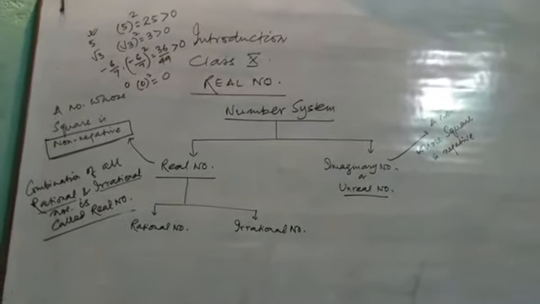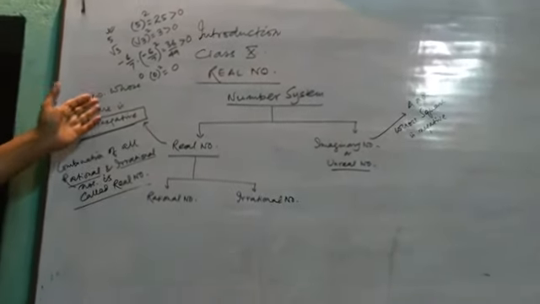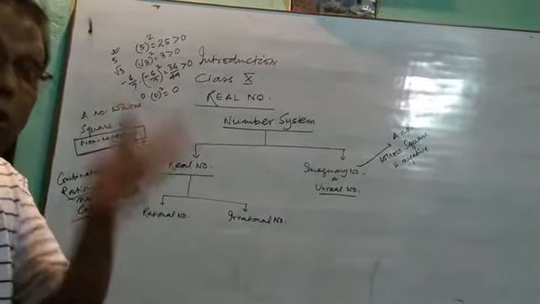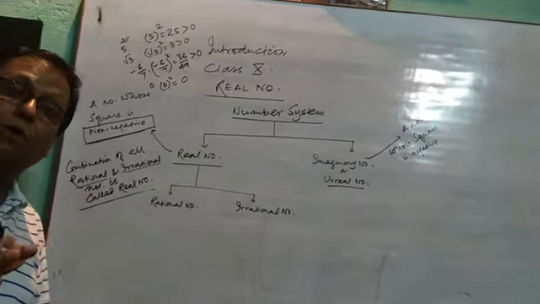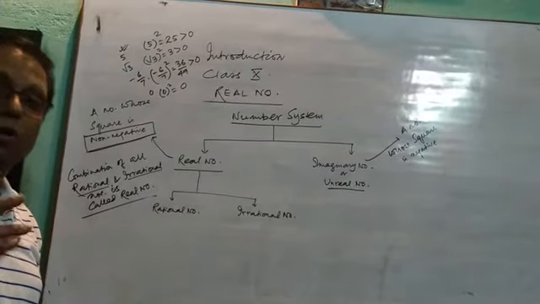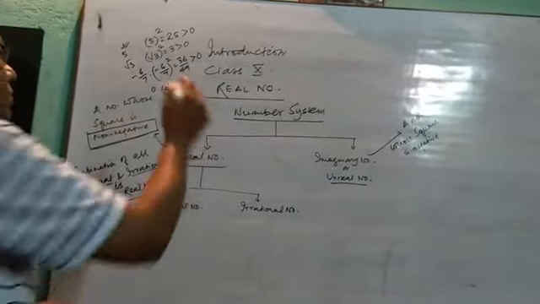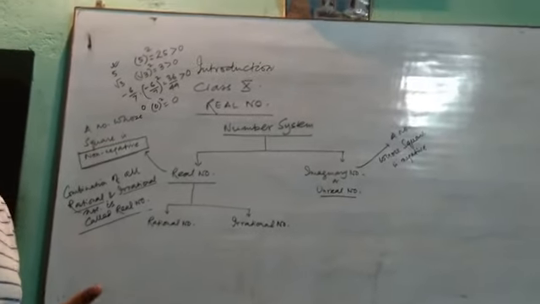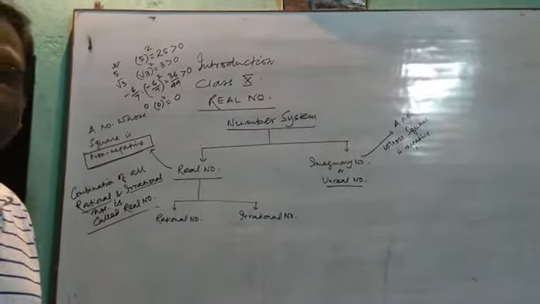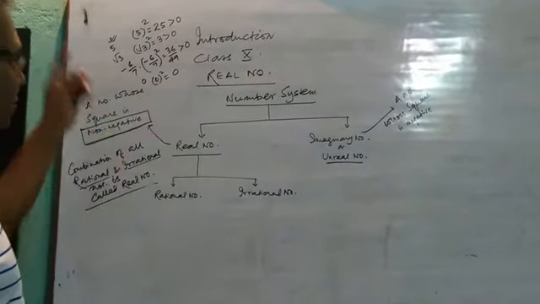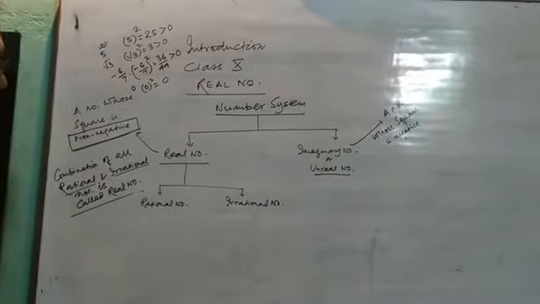Otherwise, we could have defined it as a number whose square is positive is called a real number, but we are not doing so. We are simply saying a number whose square is non-negative is called a real number. The word non-negative came due to the existence of the single element 0, because 0's square is not positive. 0's square is 0, and therefore we have used the word non-negative.